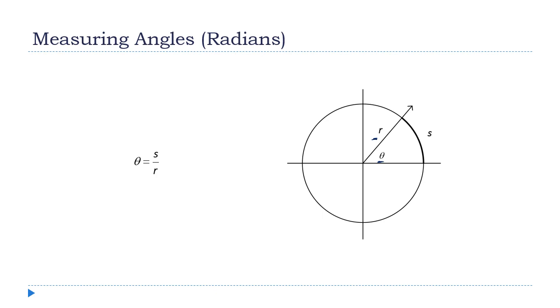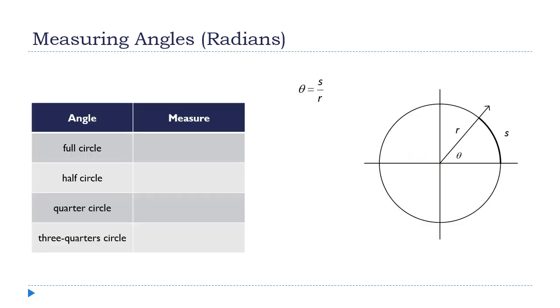Now notice how the angle cuts off a section of the circle, right? If the length of that arc is s, then we'll define the radian measure of the angle as the arc length cut off by the angle divided by the radius of the circle.